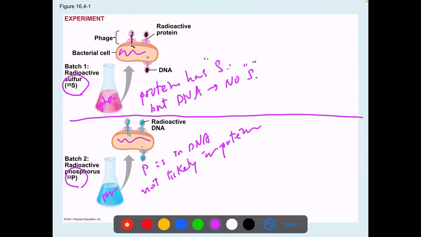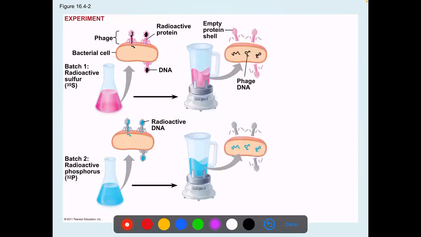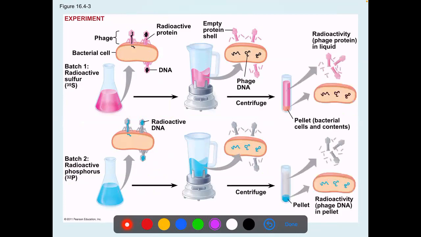Then when they're growing, they use the blender because they want to detach whatever is attached on the cell surface of the bacterial cell. They shake it really hard, then it will be detached. Then they isolate the pellet, which is the cells, and survey the radioactivity.